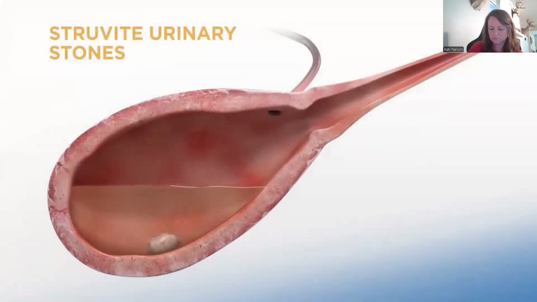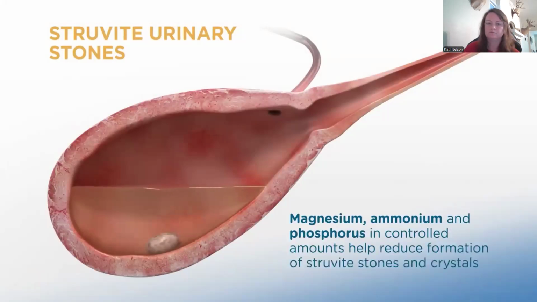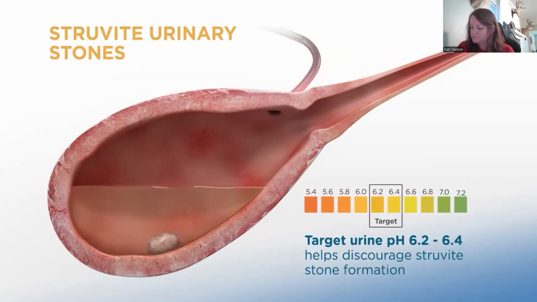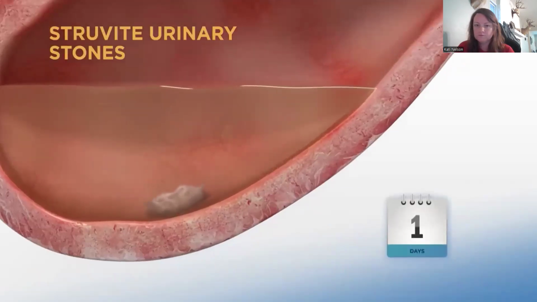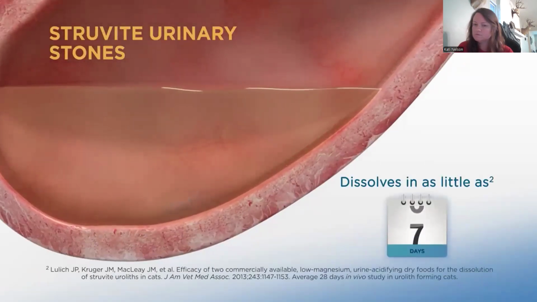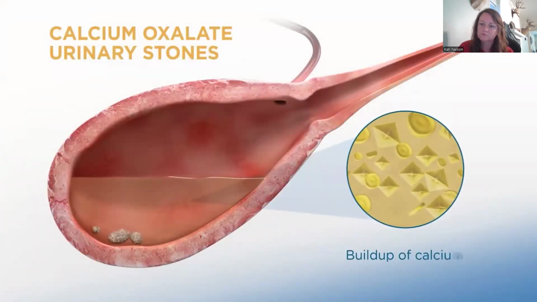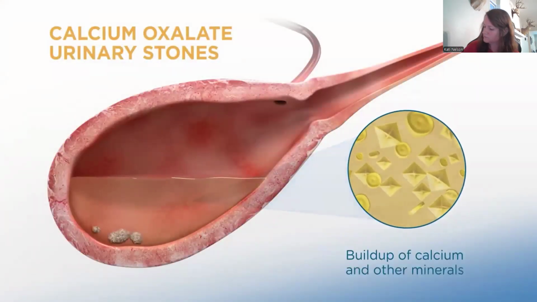Clinically tested to dissolve struvite stones in as little as 7 days, CD Multicare uses controlled levels of magnesium, ammonium, and phosphorus, and a target urine pH of 6.2 to 6.4 to help discourage and reduce formation of struvite stones and crystals. Too much calcium and oxalate can increase the risk for calcium oxalate urinary stones.